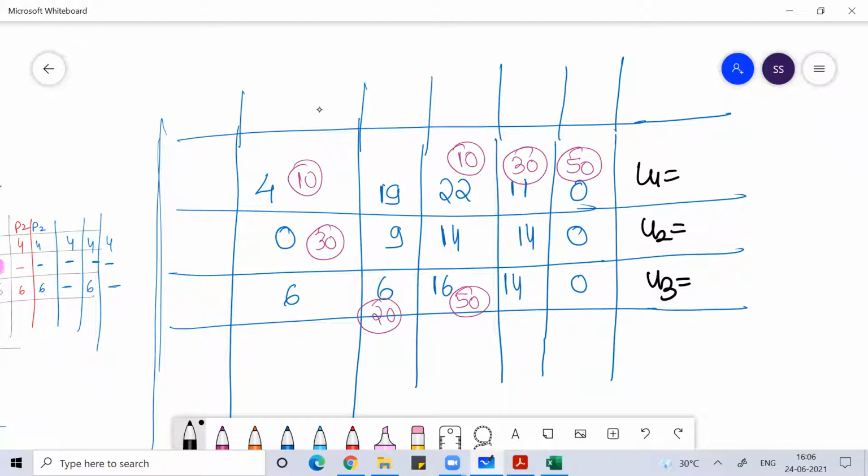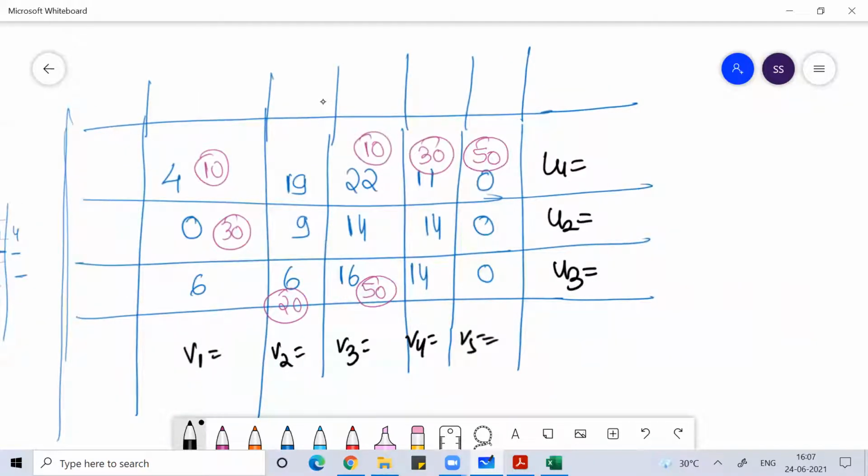In that I'll find U1, U2, U3, then V1, V2, V3, V4, V5 values. Out of all these, we'll put one variable equal to 0.